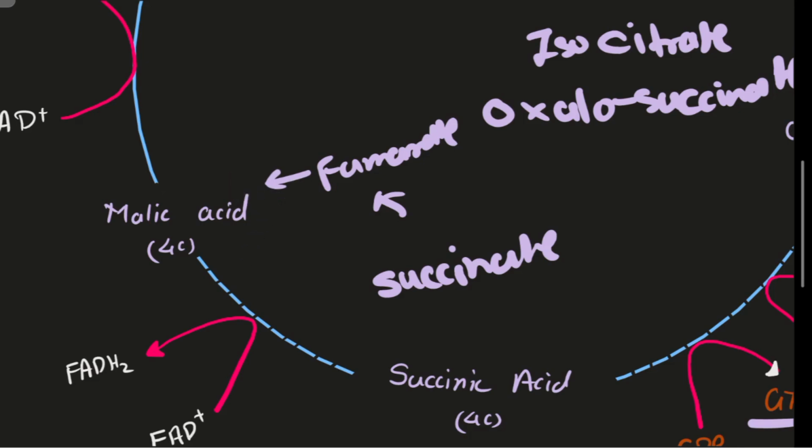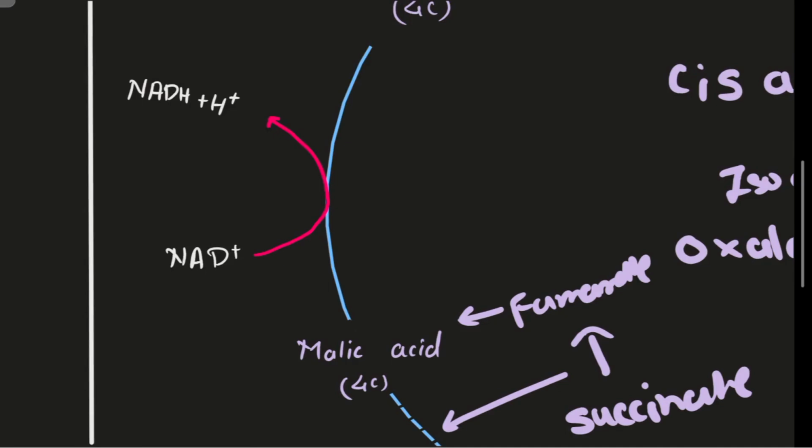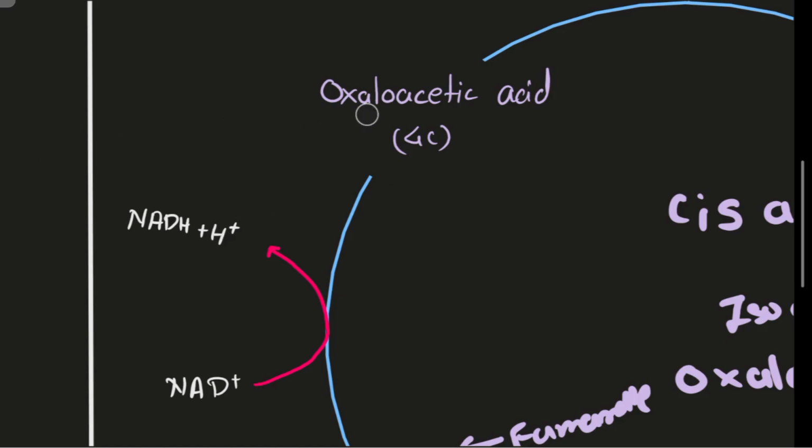While in this step, we get one FADH2 molecule. From malic acid or malate, in the presence of malate dehydrogenase, it is converted into oxaloacetic acid or oxaloacetate.